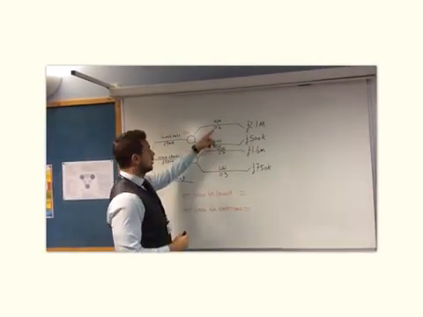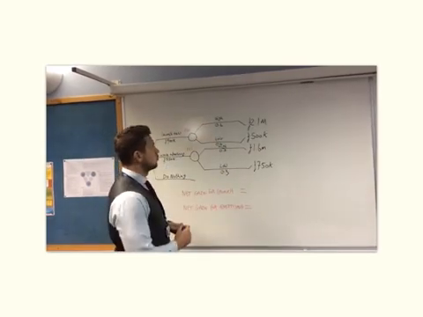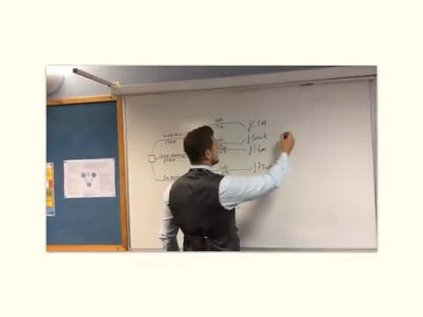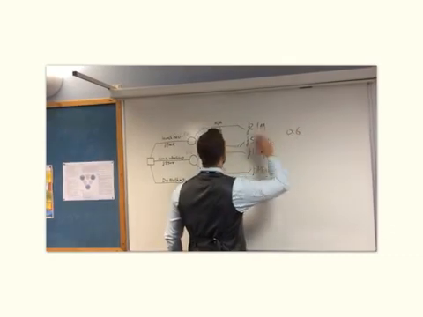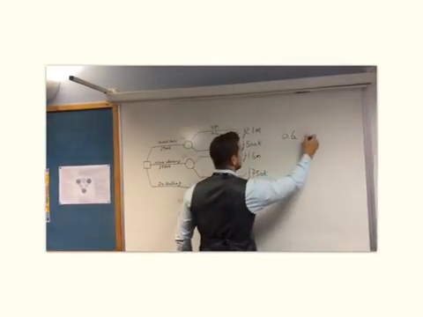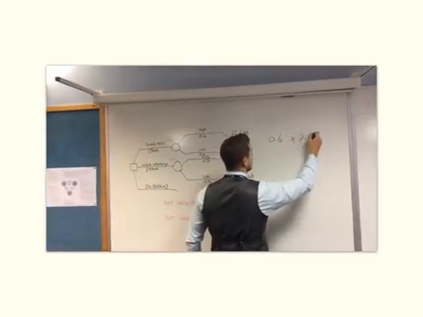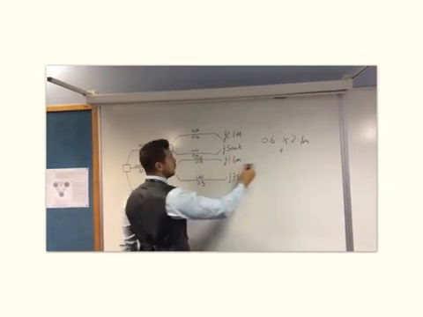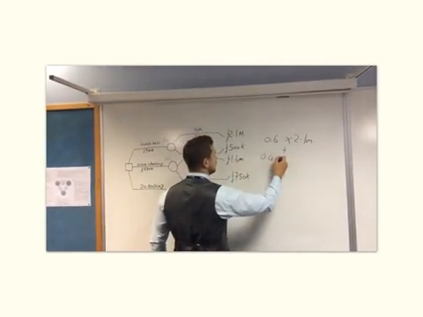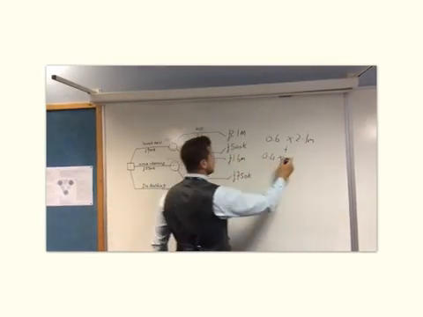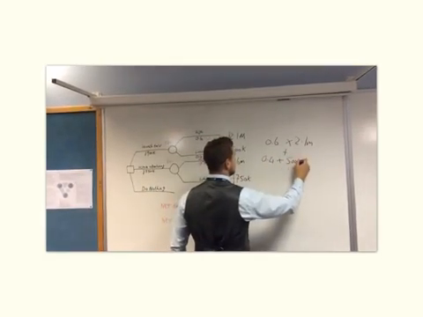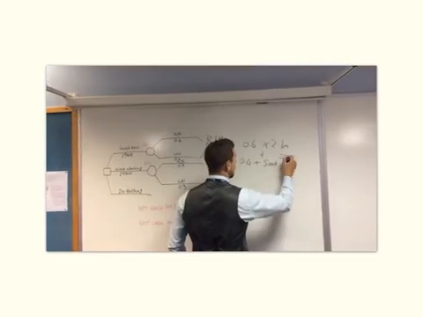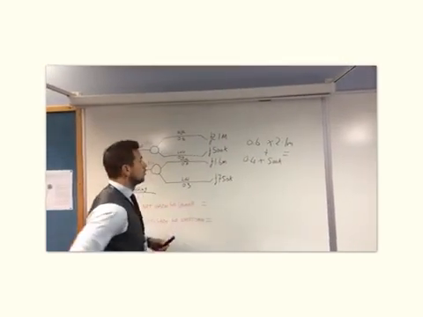I'm going to do the expected value for the launch new product first. All I'm going to do is 0.6 multiplied by 2.1 million plus 0.4 times 500,000. This should give me an expected value for the launch new product.